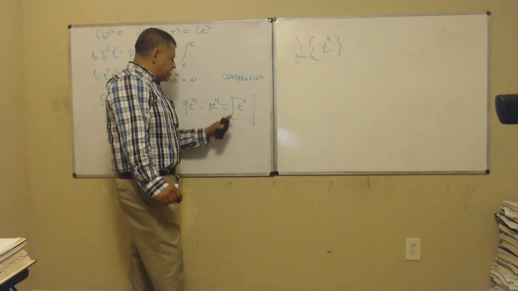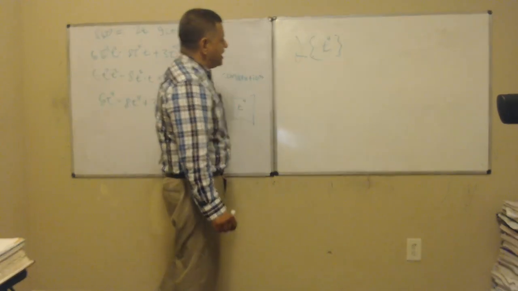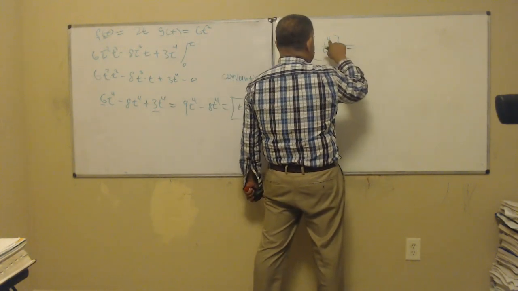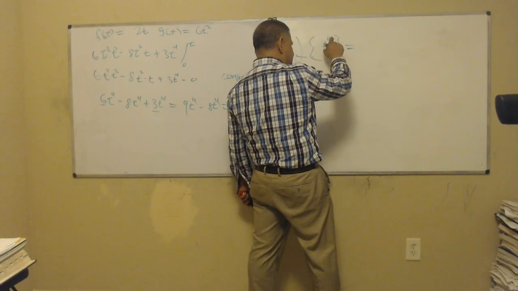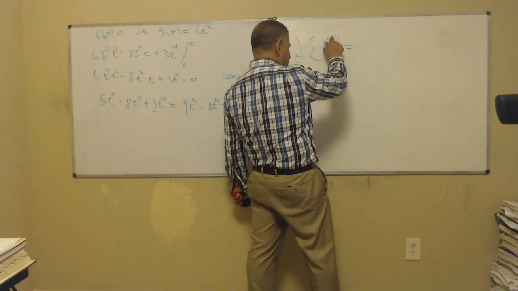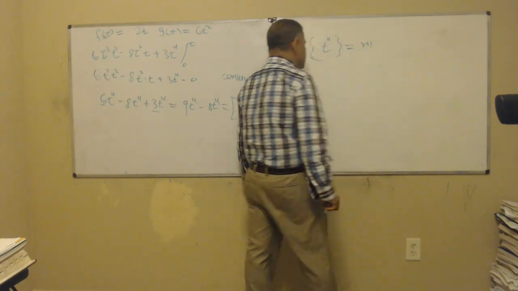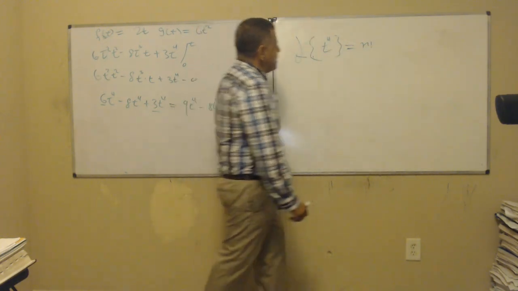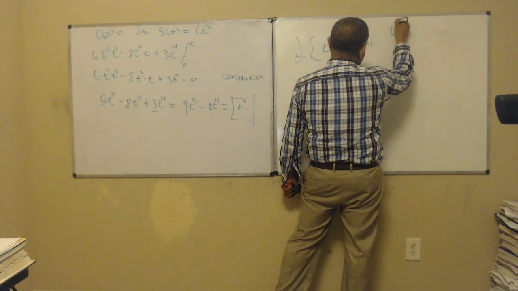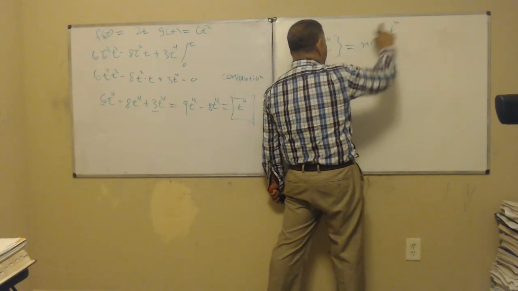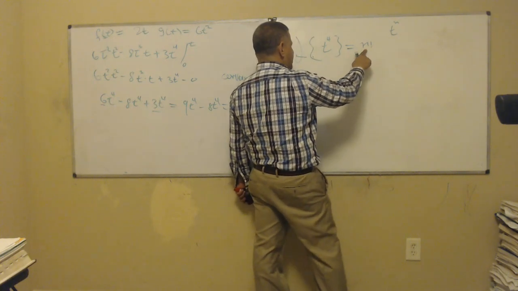Okay, so I have to take the Laplace transform of that. What the Laplace transform says is, take the n power, it is in the form of t to the n, and I replace it with n factorial.